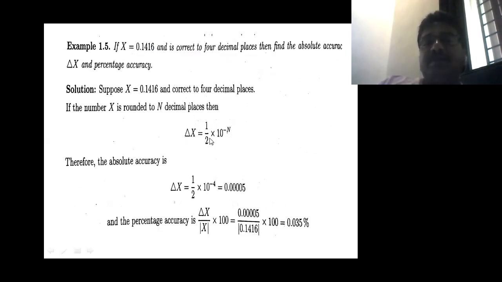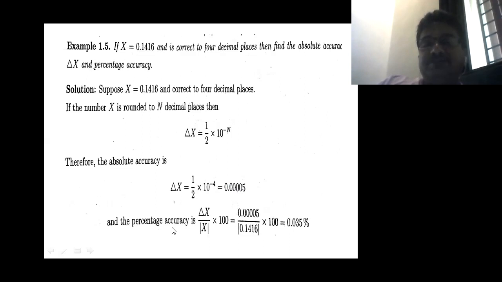And this n is 4, because this number is rounded to 4 decimal places. So 1/2 10 raised to minus 4, that is 0.5 times 10 to the minus 4. This is the absolute accuracy or absolute error in this number.